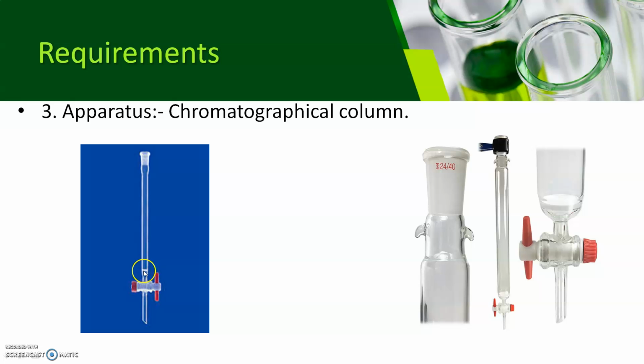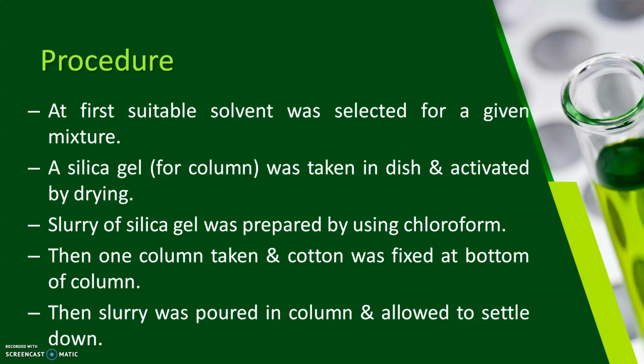If it does not have a filter, then we can use cotton to avoid the passing of the slurry or the stationary phase through this column. The knob is used as an actuator to control the release of the mobile phase through the column. Then we'll move toward the next stage, the procedure.